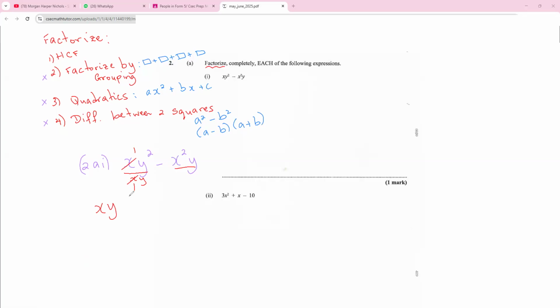So the remainder goes inside of the bracket. Minus x squared y divided by xy. x could go into x squared, x times y will cancel out with y. So it will be x remaining here. So you find what's the HCF, and then you divide each term by it, and the remainder goes in the bracket.